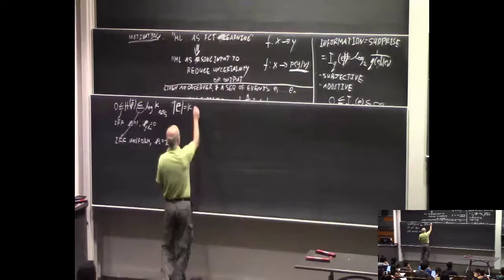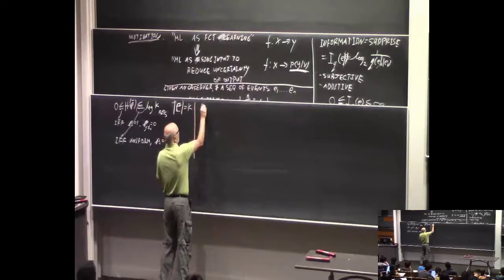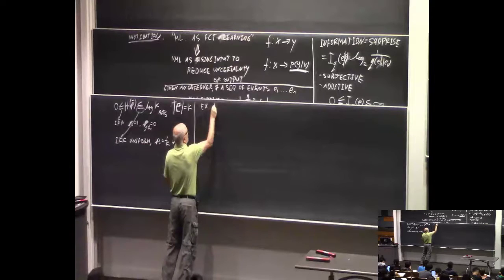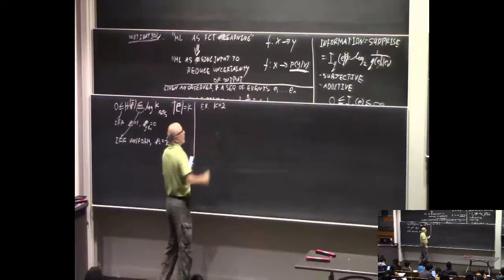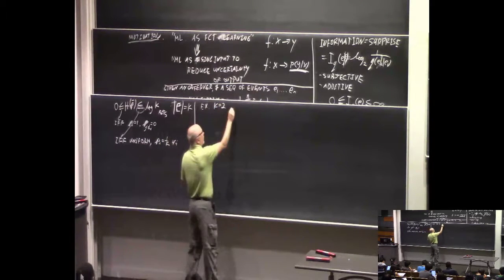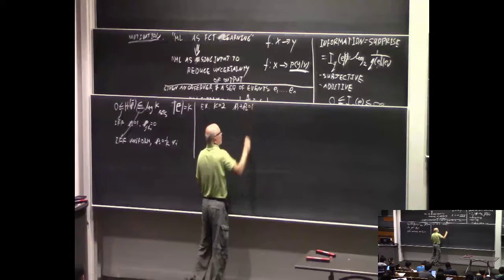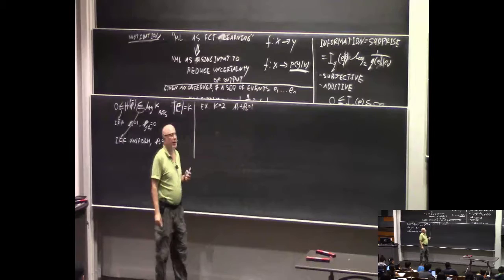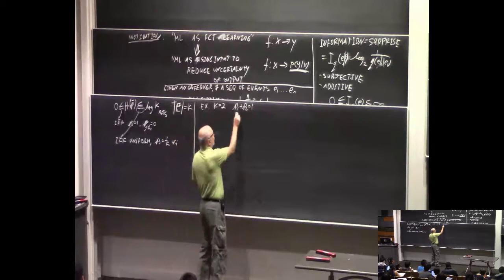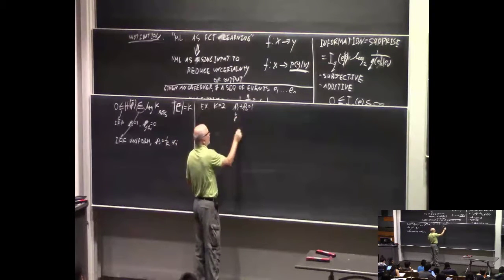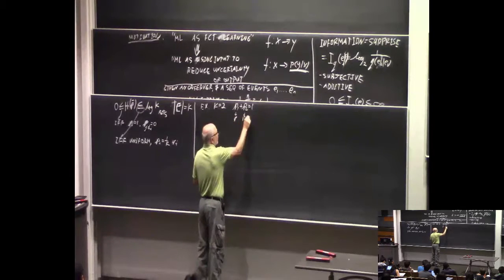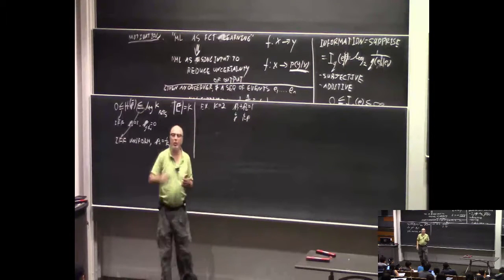We can look at a special case of k equals 2. When k equals 2, we have only P1 and P2, and they sum to 1. So instead of calling them P1 and P2, I can call this one P and this one 1 minus P. There's only one degree of freedom.